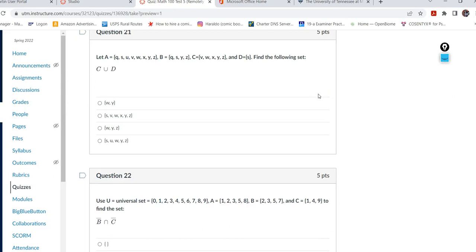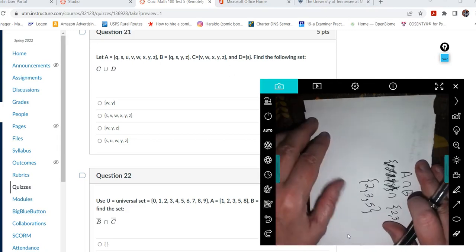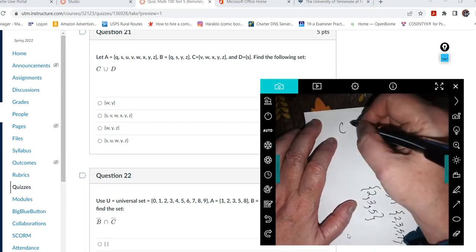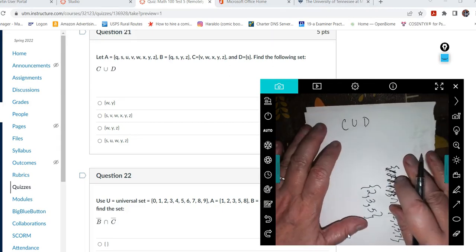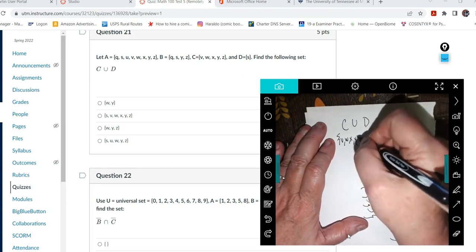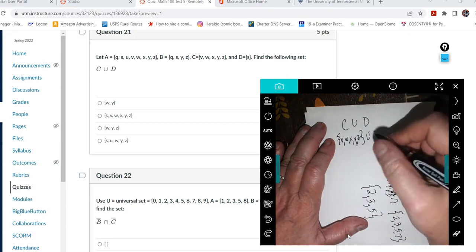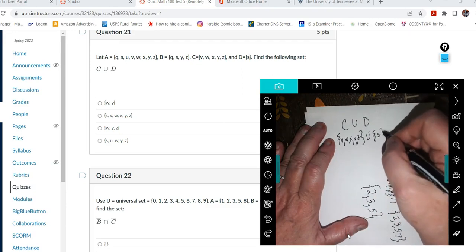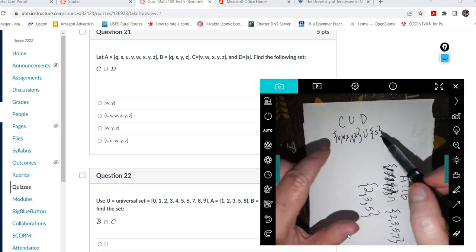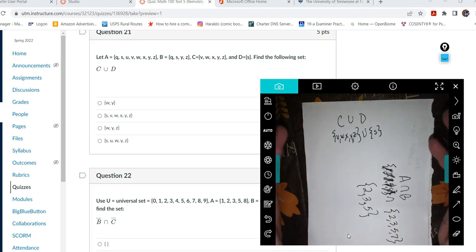All right, now we want C union D. Okay. All right, so I'm going to write C. What we want is C union D. So I'm going to write C underneath it, V, W, X, Y, Z. And we want to take the union with D, and D is just containing S. So union is you form one set with everything, but you don't write repetitions.